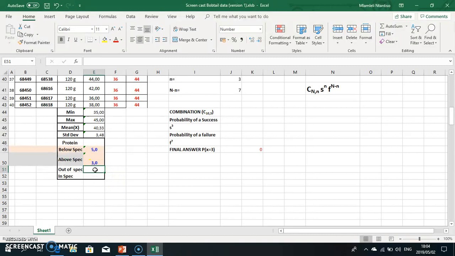So your out of specification is the total, which is your below spec plus your above spec. There are 8 observations that are out of specification, and your in specification, which is your failure, is the rest: 40 minus your out of specification results, which is 32.